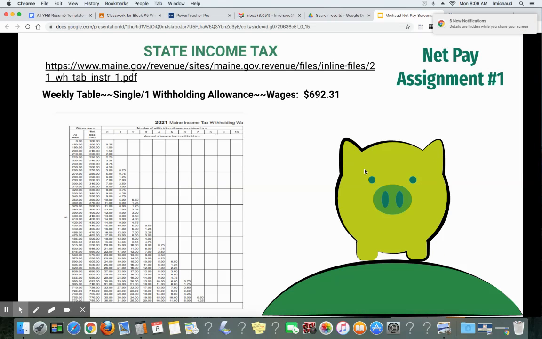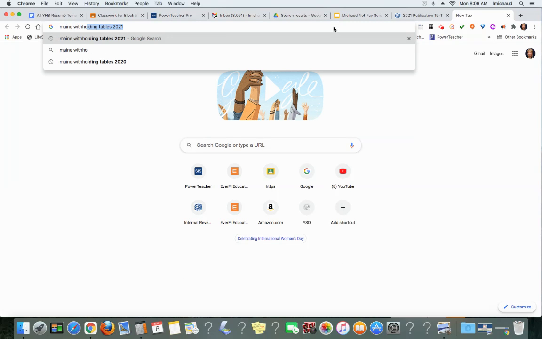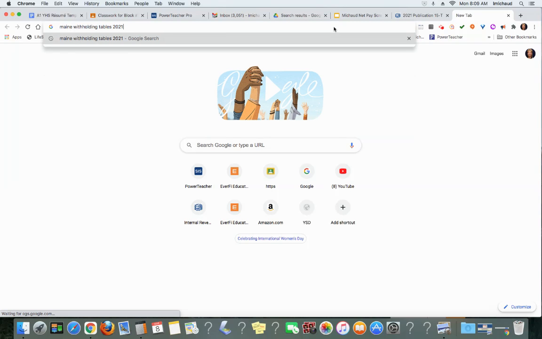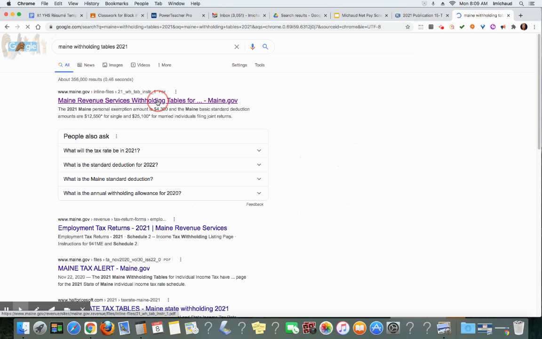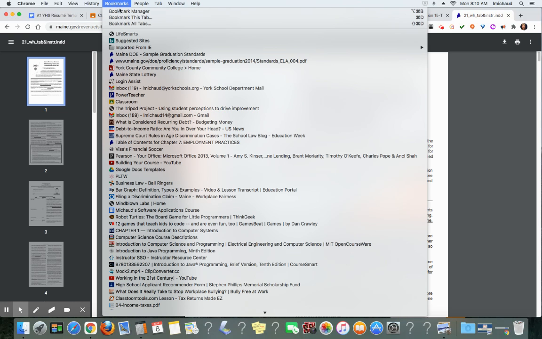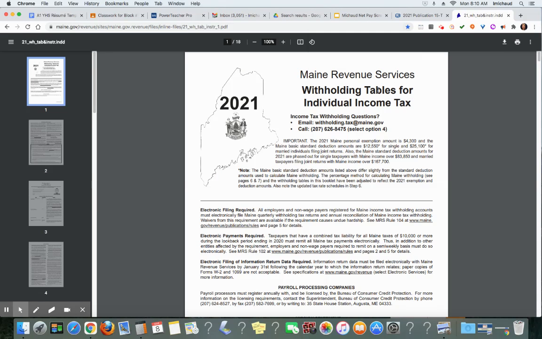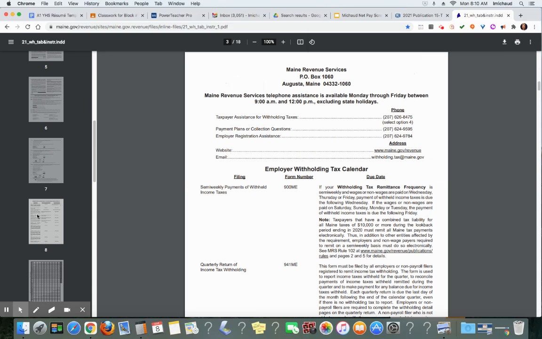Now we need to find state income tax. So let's query that online. Okay, Maine withholding tables 2021. Maine Revenue Service, that's the website. Once it loads, please bookmark it. And let's go to page 9, which is where the weekly tab is located.